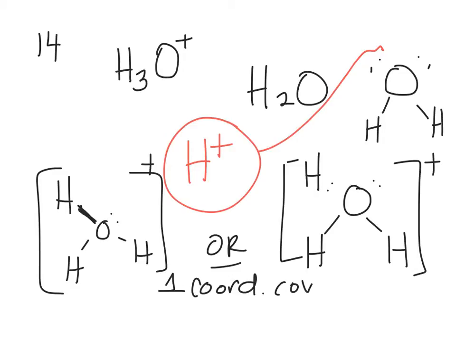So, what's the difference in electronegativity between oxygen and hydrogen? Saeed? What's the difference? 1.4. So it's a polar covalent bond. So we have two polar covalent bonds.